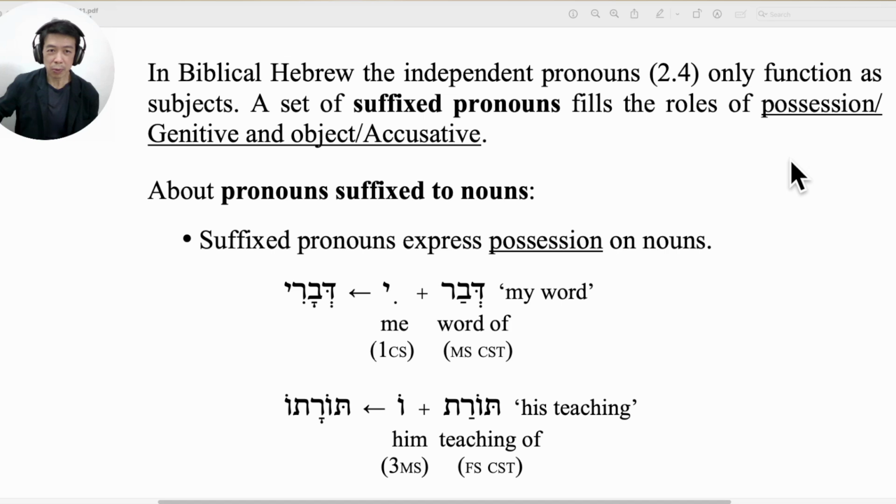So, about pronouns suffixed to nouns. Suffix pronouns express possession on nouns.